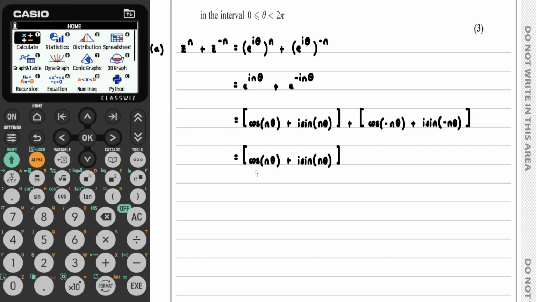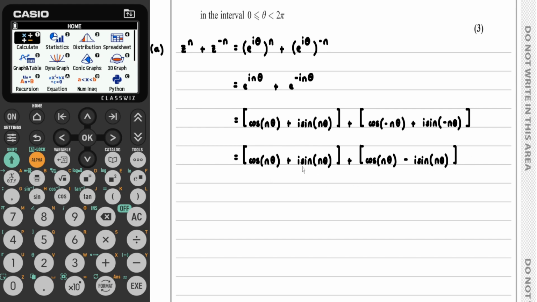This bit will remain the same as cos n theta plus i sin n theta, and cos of negative n theta, because cos is an even function, that is the same as cos n theta, and because sine is an odd function, i sin of negative n theta, that is negative i sin of n theta.